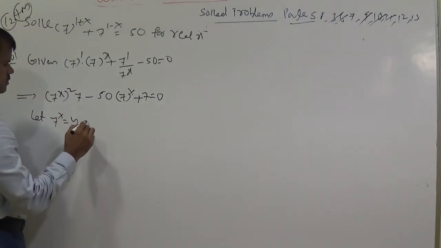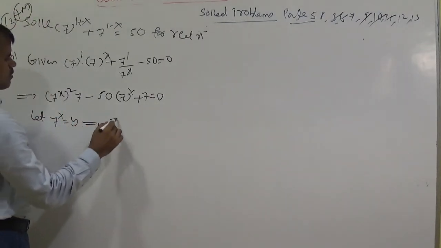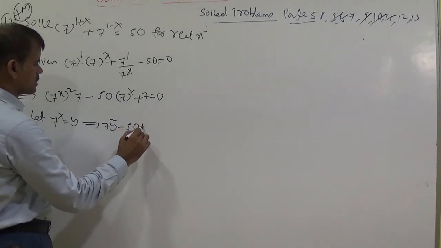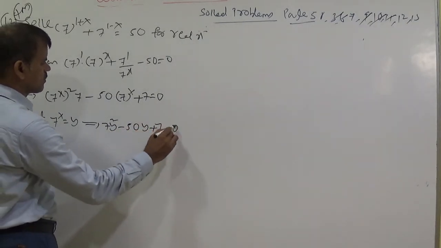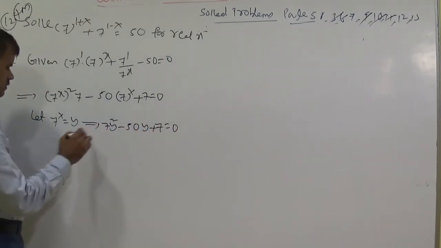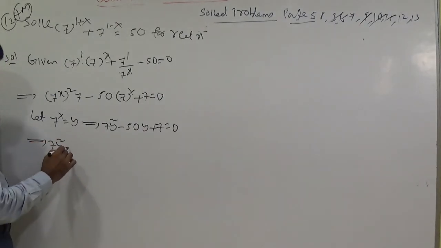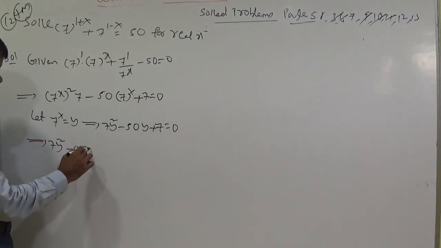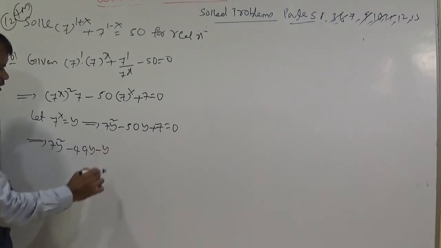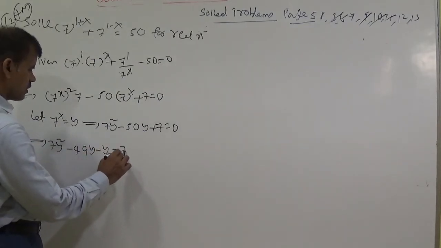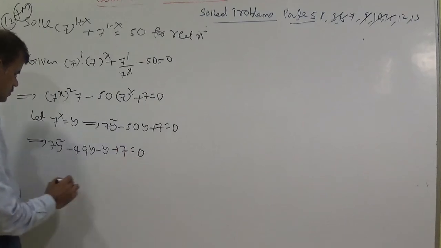That implies you can write 7y square minus 50y plus 7 equal to 0. 7 sevens are 49. Depending on that number 49, you can split the middle term like this: 7y square minus 49y minus y plus 7 equal to 0.